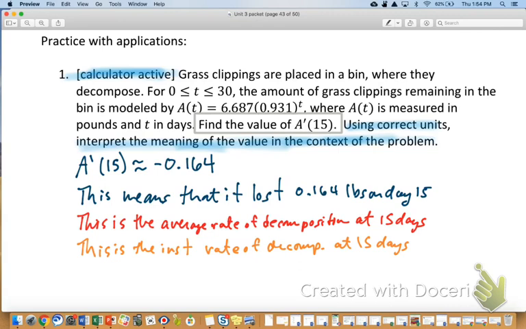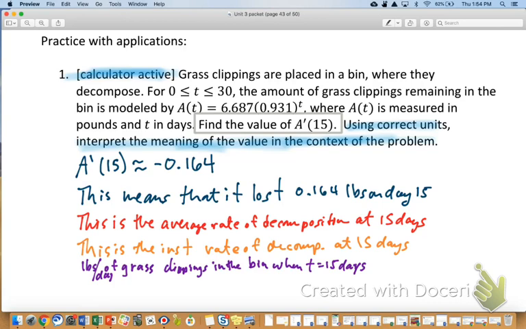Yeah, Caitlin. I said pounds of grass clippings per day that are in the bin at the time of 15 days. Okay, pounds of grass clippings in the bin at t equals 15 days? Per day. Pounds per day of grass clippings in the bin when t equals 15 days? I just want to make sure that I'm accurately writing down what you're saying.